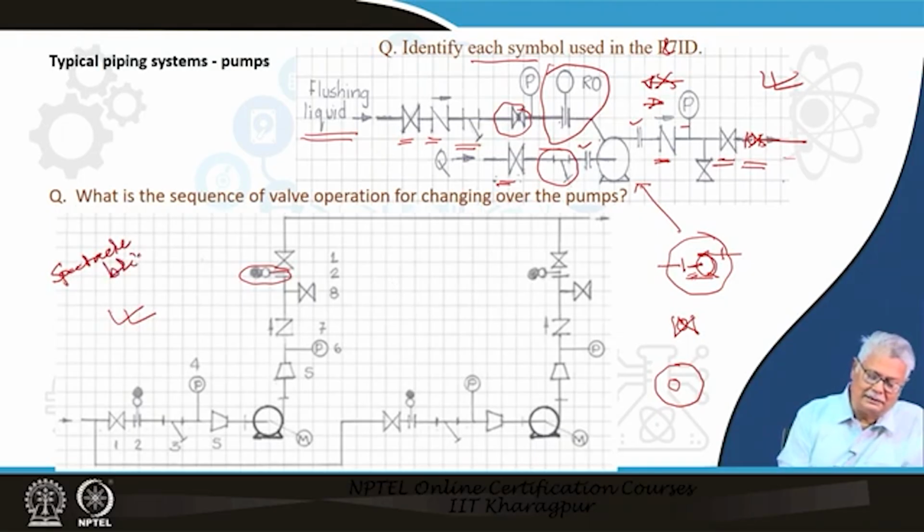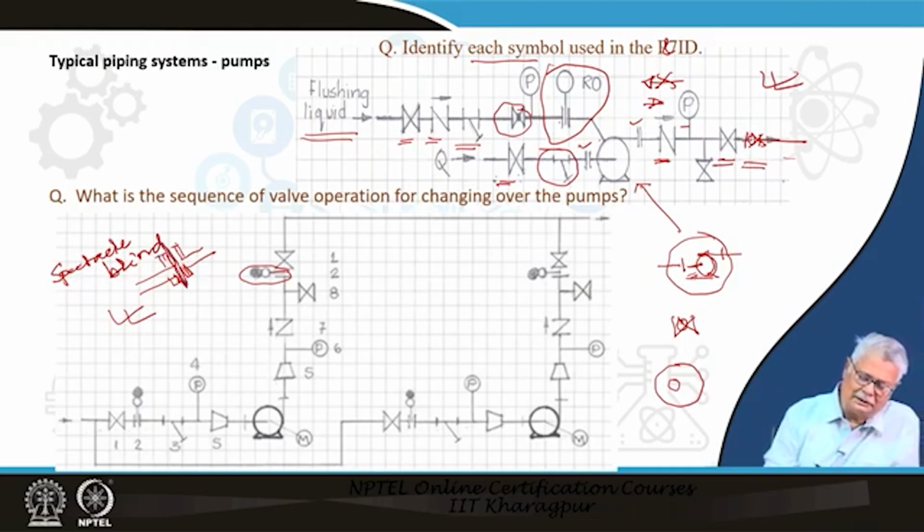spectacle blind. What you have is something like this. You have the pipe, you have the flange, you have the other end of the pipe with a flange, and it is possible for you to have a disc making this closure.